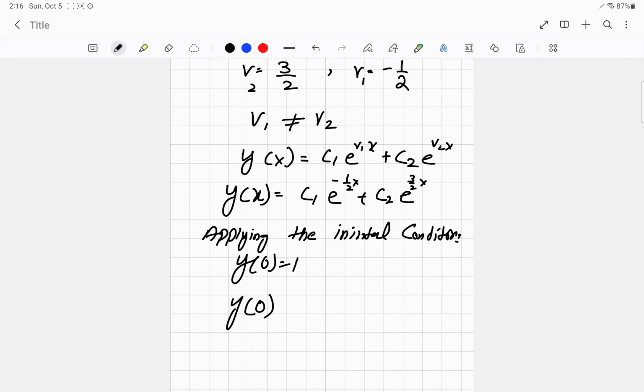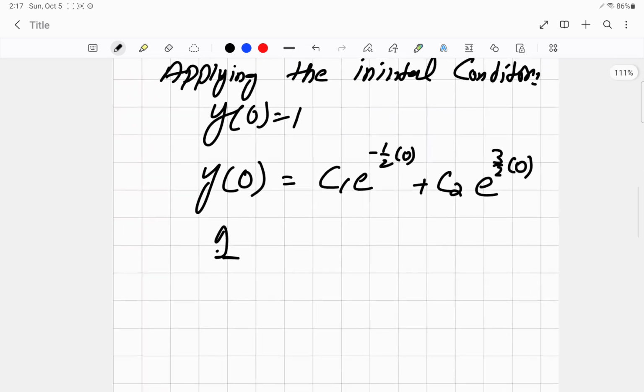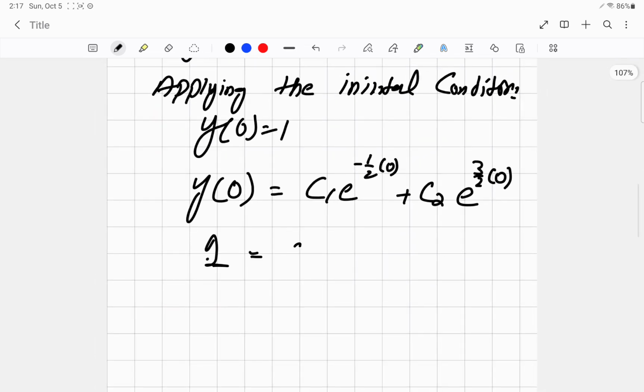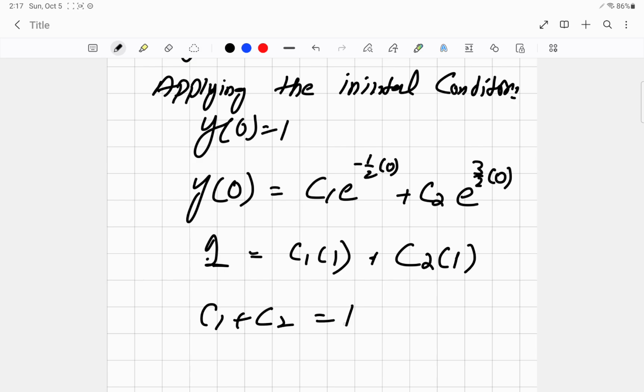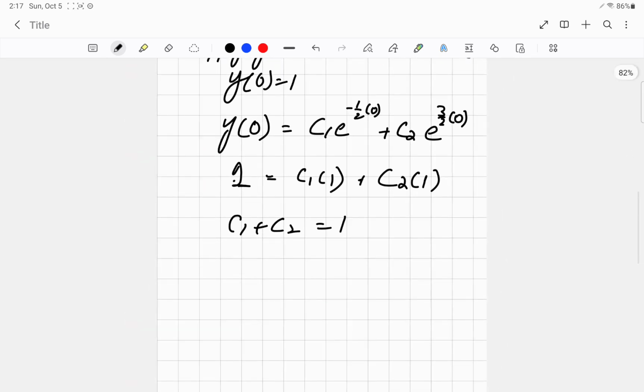In the general form, y of 0 equals c1 e to the power of negative 1 over 2 into 0 plus c2 e to the power of 3 by 2 into 0. So this will become 1, which is already mentioned, and here c1 and c2 have a power of 0 equals 1, so I will just write it down directly. So c1 plus c2 equals 1. Okay, so that is equation 1.